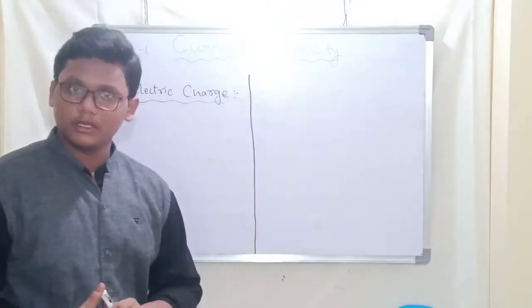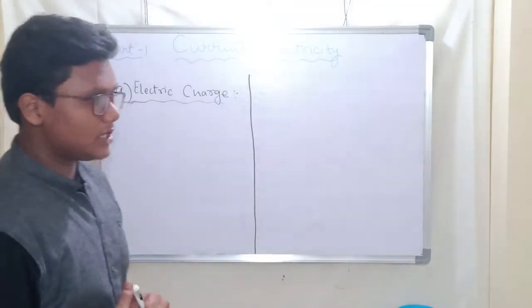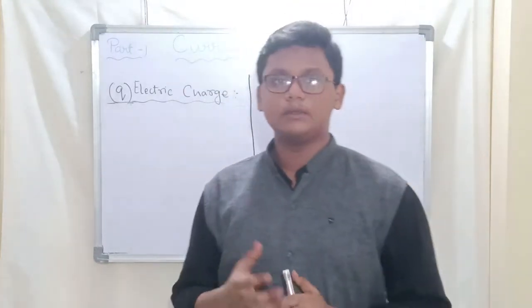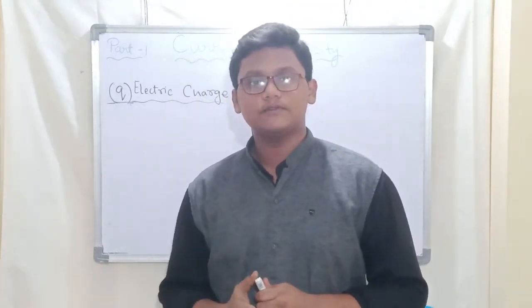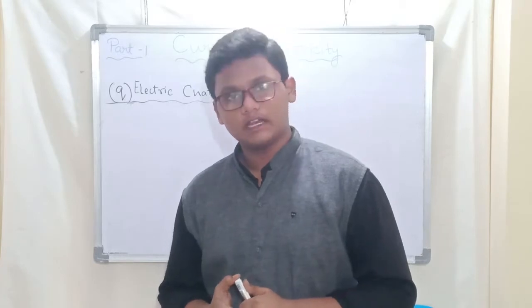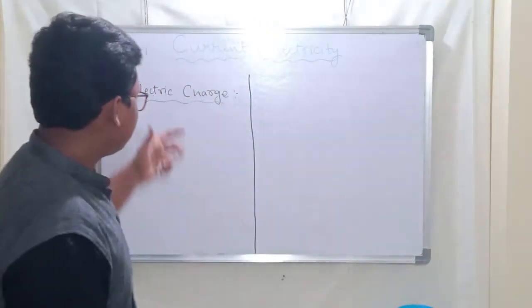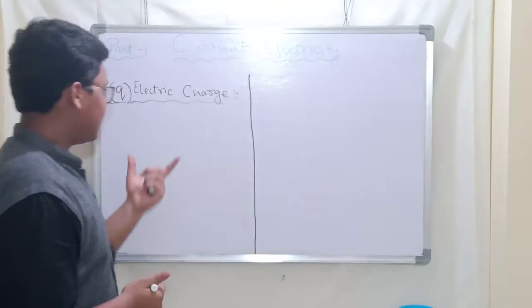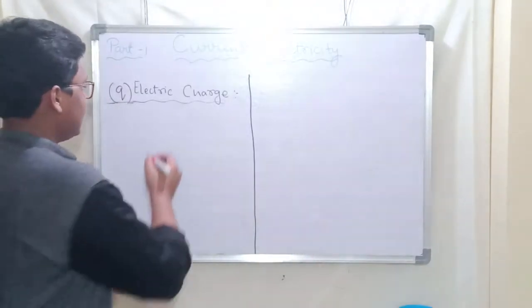Electric charge is denoted by Q, and electric charge is the physical property which will experience a force when kept in an electric field or electromagnetic field. I'll say only the formula that is important for us in this chapter.